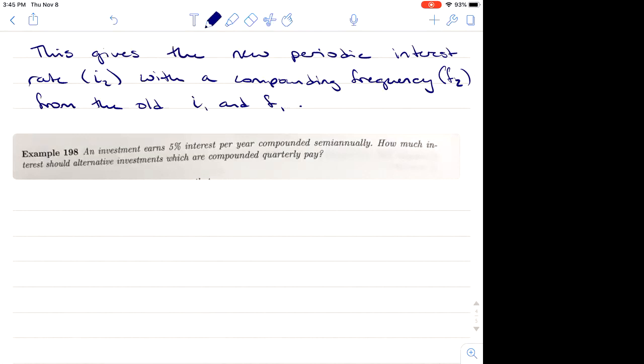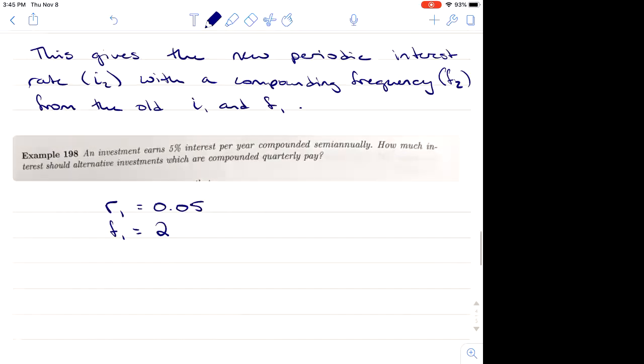So here, we're going to move from a rate of 5% compounded semi-annually to something compounded quarterly. So we know that R1 is 0.05 and F1 is 2, semi-annually. R2 we don't know, but we know that F2 must be quarterly, 4.